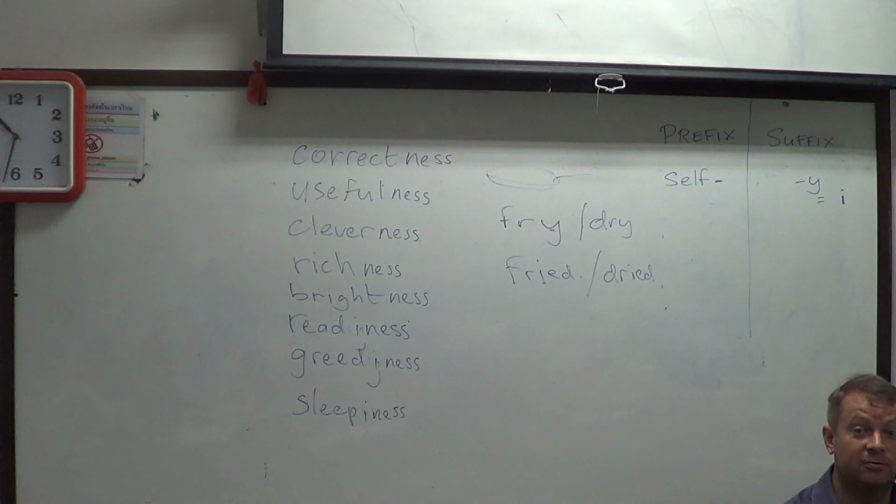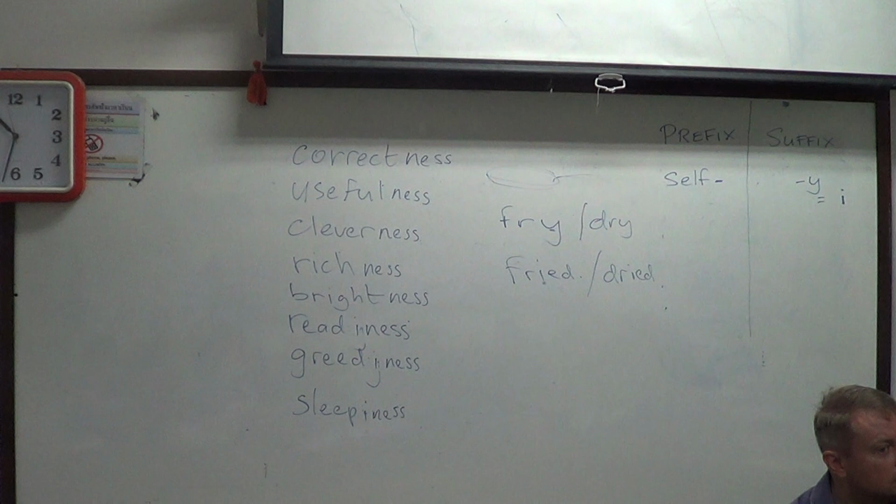Something could be rich in vitamins, or maybe rich in fat. Coffee is rich because it has caffeine. Rich in caffeine.